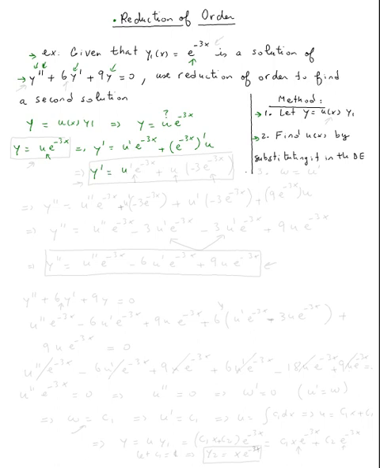So y prime is equal to u prime e to the negative 3x. The derivative of e to the negative 3x is negative 3e to the negative 3x. Let me write u on the left side, and that would be negative 3e to the negative 3x times u.